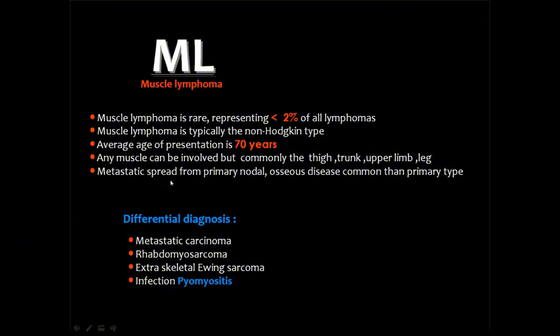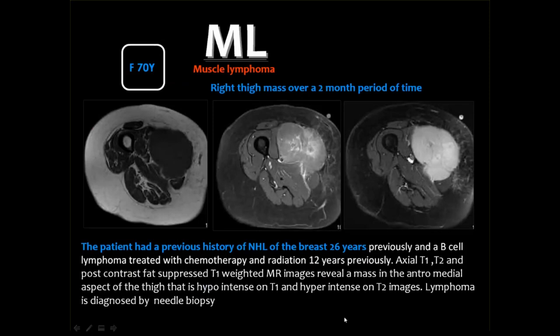Metastatic spread from nodal disease or osseous disease is more common than the primary muscle lymphoma. And the muscle lymphoma should be differentiated from metastasis, from rhabdomyosarcoma, from extraskeletal Ewing sarcoma, and infectious myositis, together with a lot of soft tissue malignant lesions.